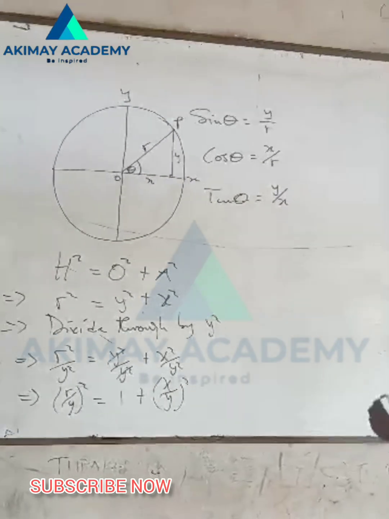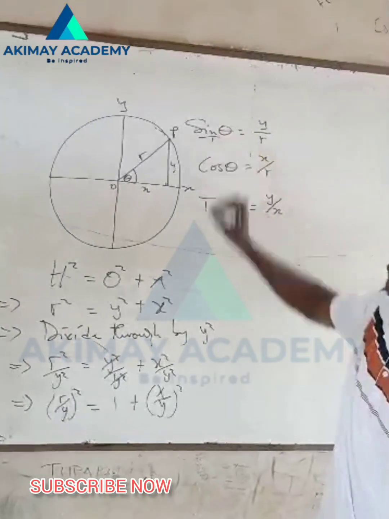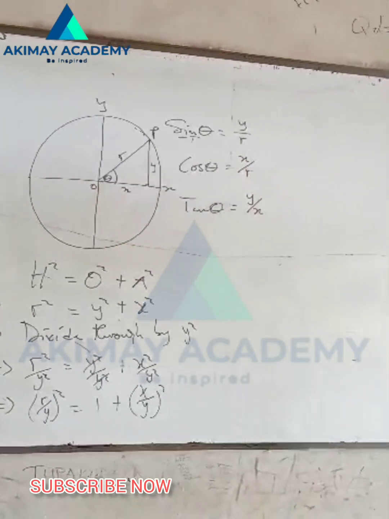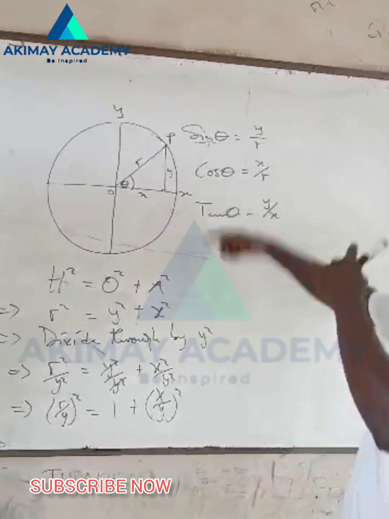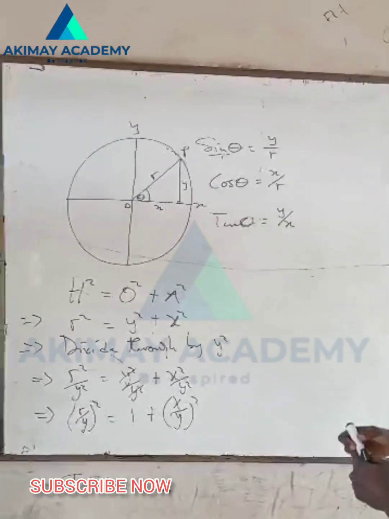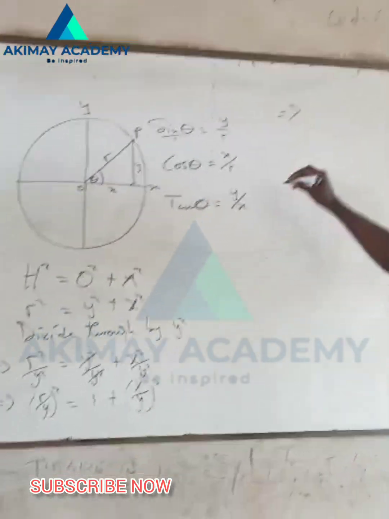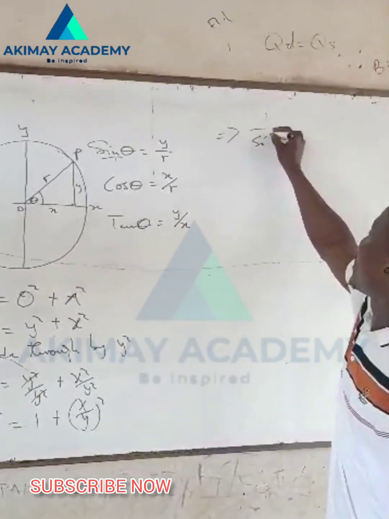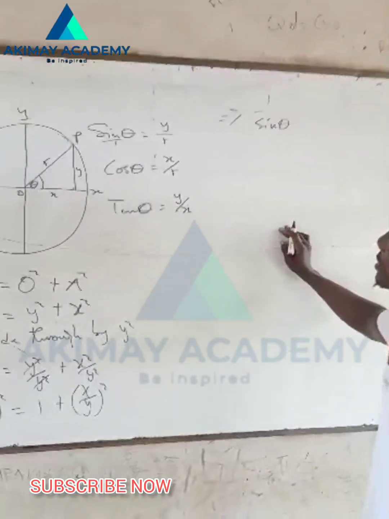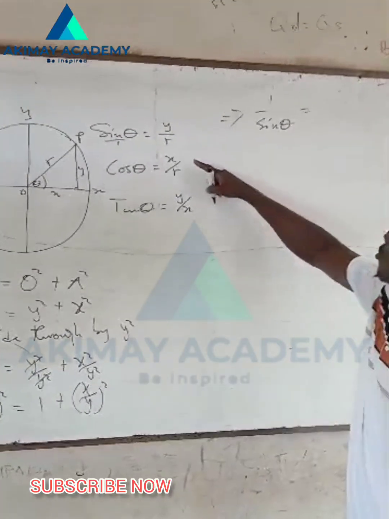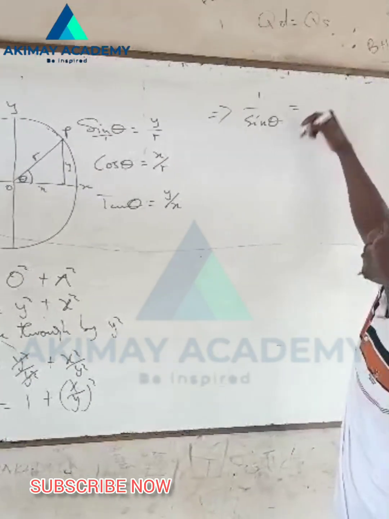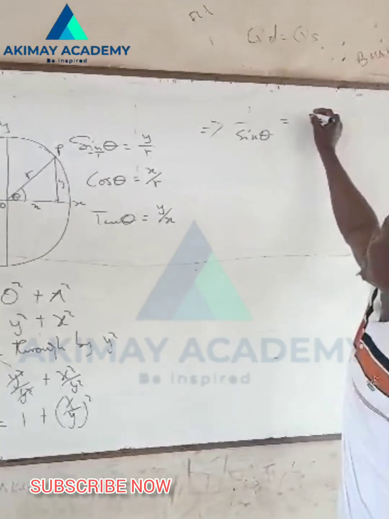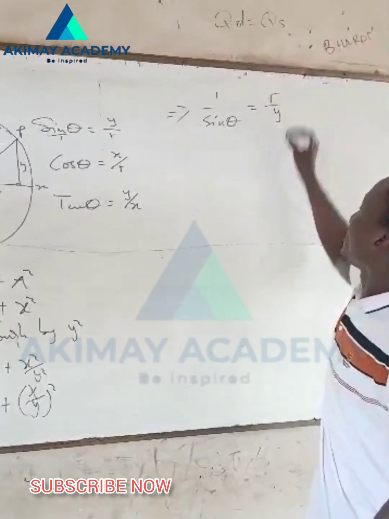So what we do is, let's find the reciprocal of sin theta. Meaning that when we turn sin theta upside down, we are going to have 1 out of sin theta, right? And therefore, this is going to turn this one upside down as well. So we have r on y.